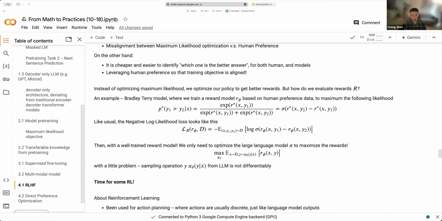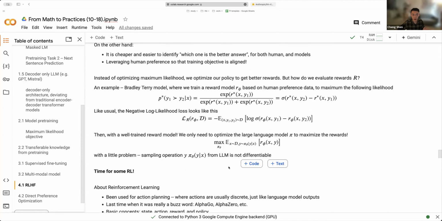After the softmax, we either do the argmax operation to pick the most likely word, or with temperature or beam search, but greedily we just do an argmax, and this argmax operation is not differentiable, which means we cannot directly maximize this expected reward function and optimize our large language model policy pi.